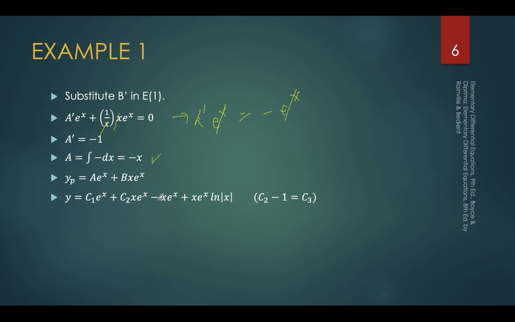The coefficient here is negative 1, so you can combine negative 1 and c2 because c2 is an arbitrary constant, so you may use another arbitrary constant here. So you can simplify this as one term, combining the constant, no? So you now have only c1 e to the x, c3 x e to the x, plus x e to the x ln of x.